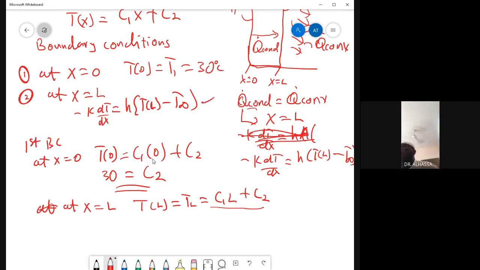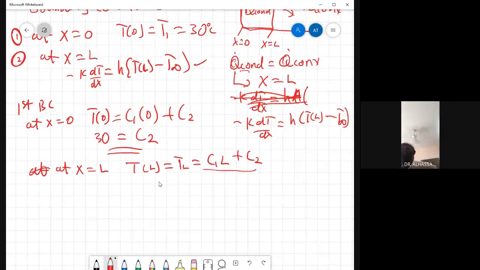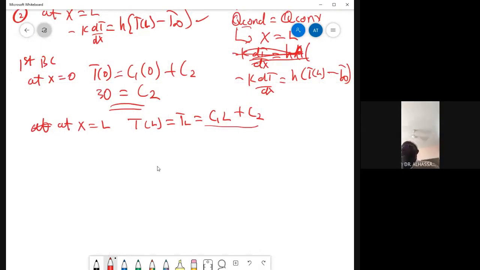So I'll have minus K, very important, minus K dT over dx, equals to H times TL minus T infinity.